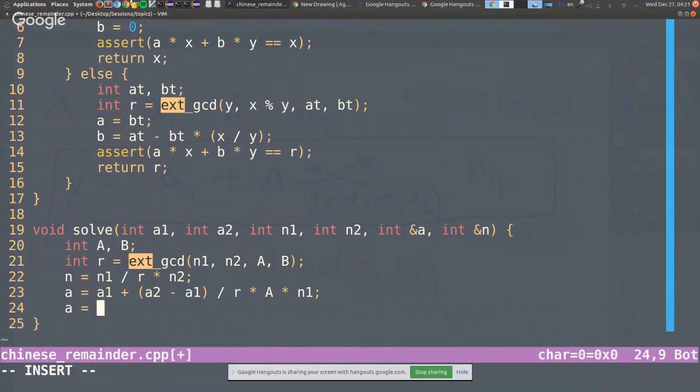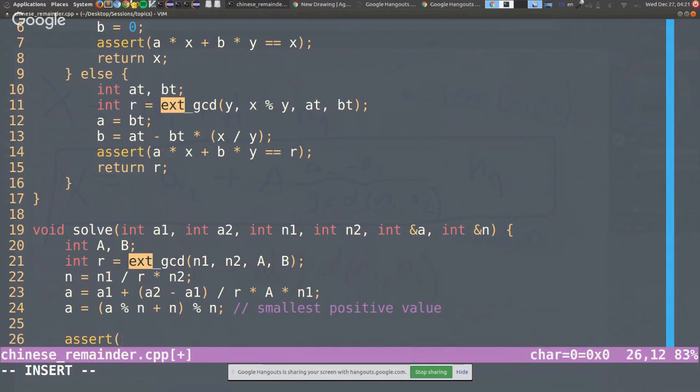As I said, here we can make A, and this part here is just to get the smallest positive value. So we can make an assertion.